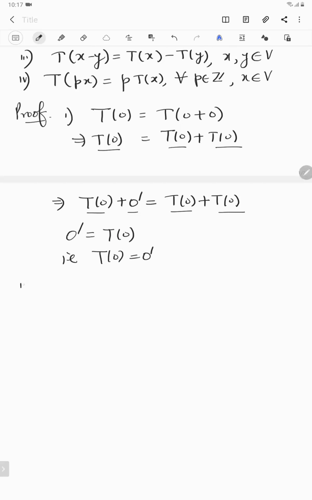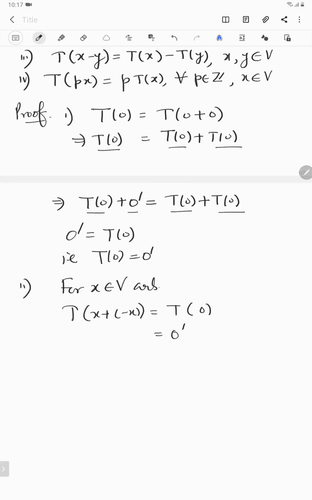Let me come to property number two. For x in V arbitrary, what is T of x plus minus x? This is T of 0, because x plus minus x is the additive inverse sum, which equals 0. And we have just proved that this is equal to 0 dash.